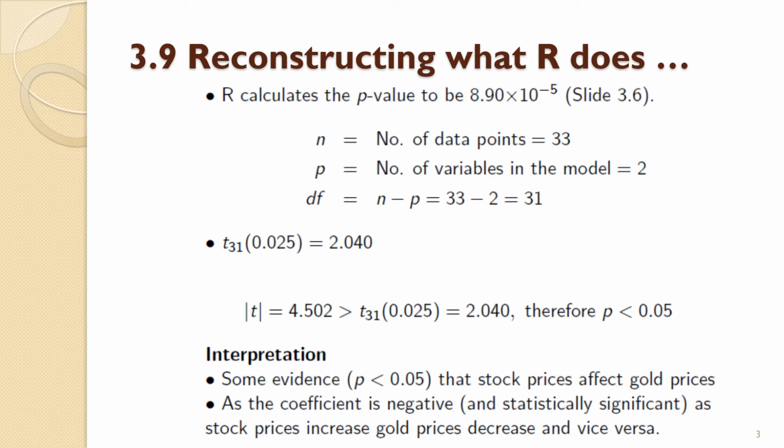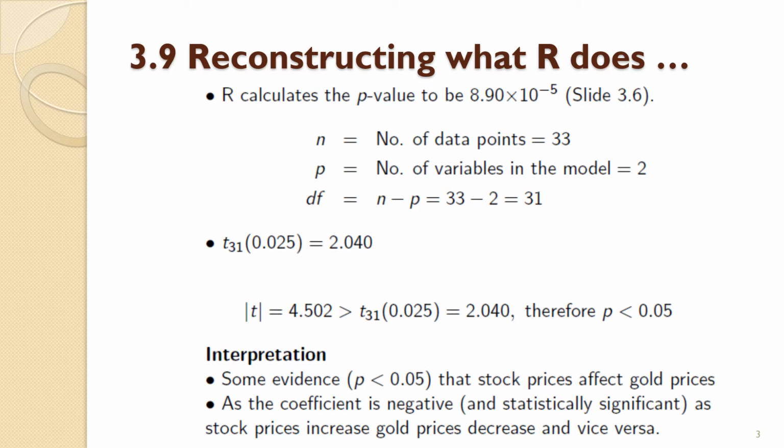So R calculates the p-value as something times 10 to the minus 5. Now here, if you're going to do this, n is 33, p is the number of variables in the model, which would be 2, so the degrees of freedom would be 31. We then need this value in tables, and how you would do this is to take the absolute value of the t value, 4.502, and compare it with the tables.